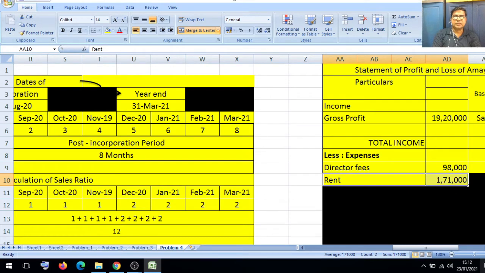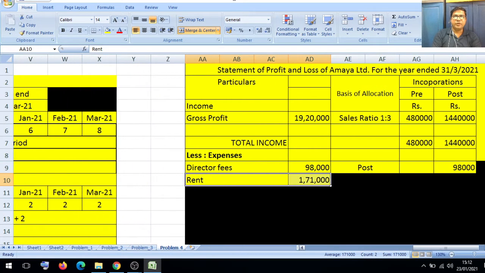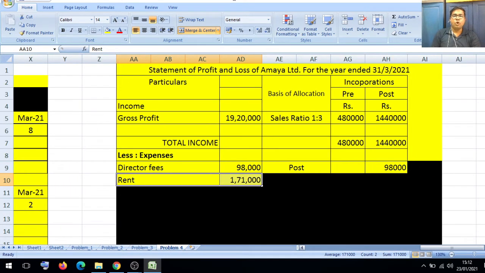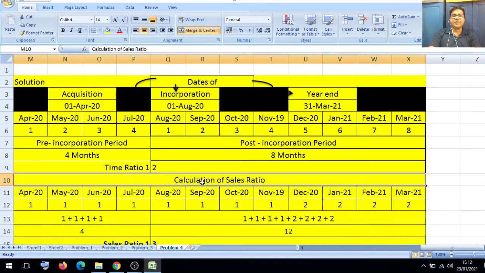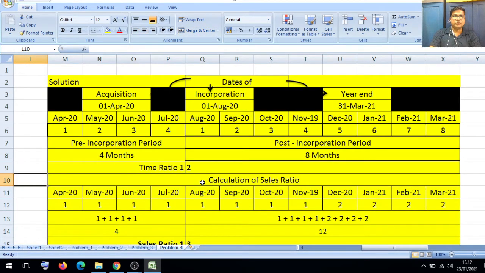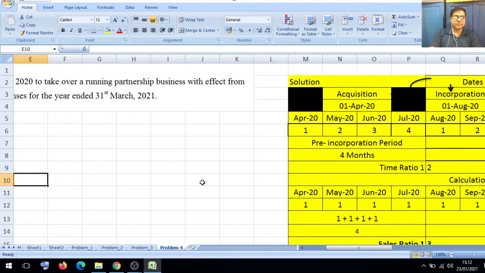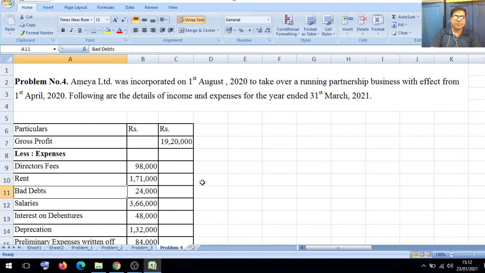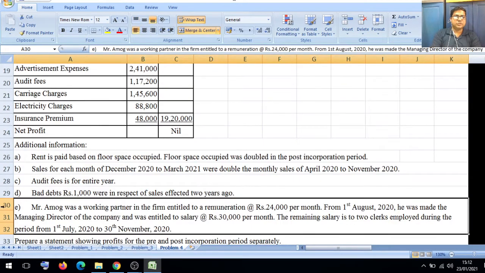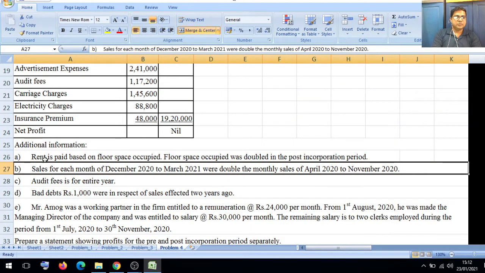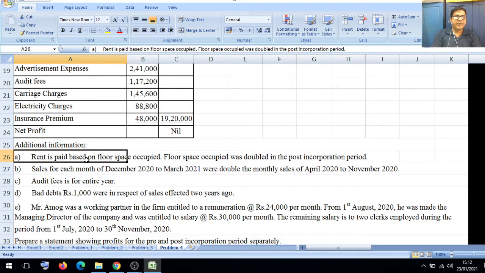Now friends, generally rent is allocated on the basis of time ratio, or on the basis of floor space occupied. Now in the adjustments they have provided information about the rent. Rent is paid based on floor space occupied.